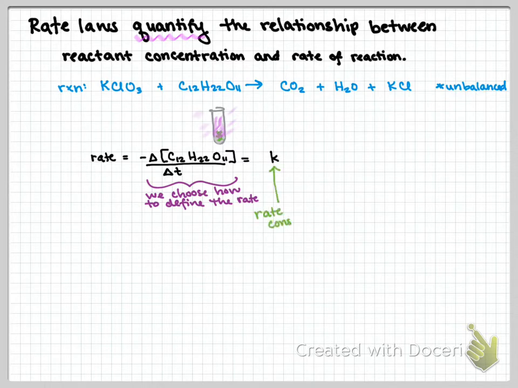So this rate law is going to have a rate constant, which is always denoted lowercase k, times the concentration, and this is an initial concentration, what we usually start the reaction at, of potassium chlorate, which is our first reactant, raised to some exponent m.